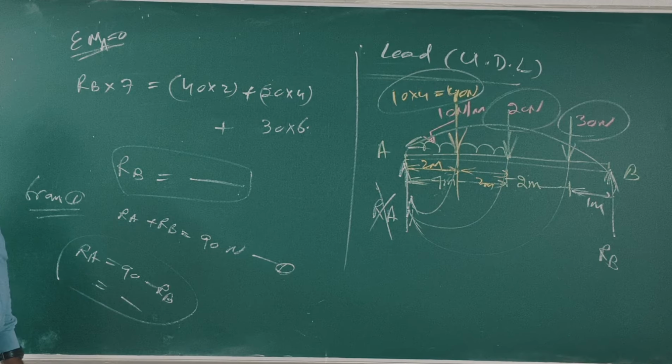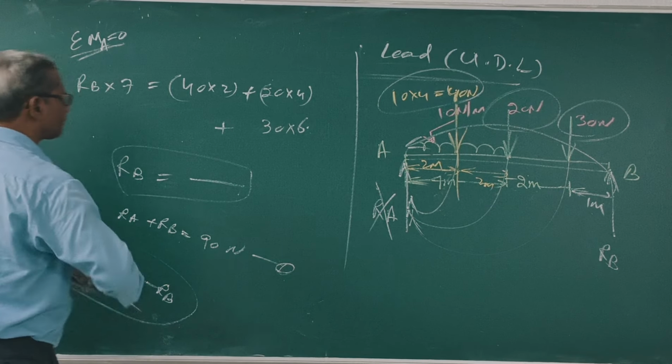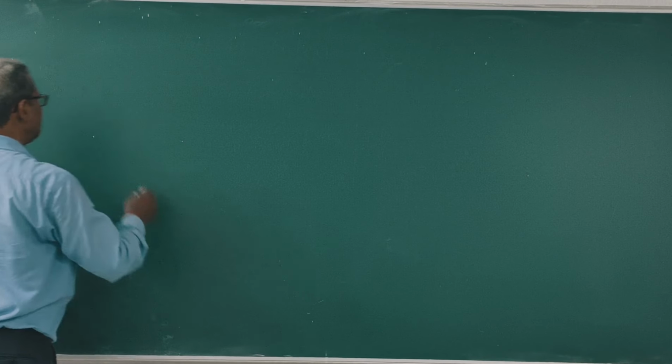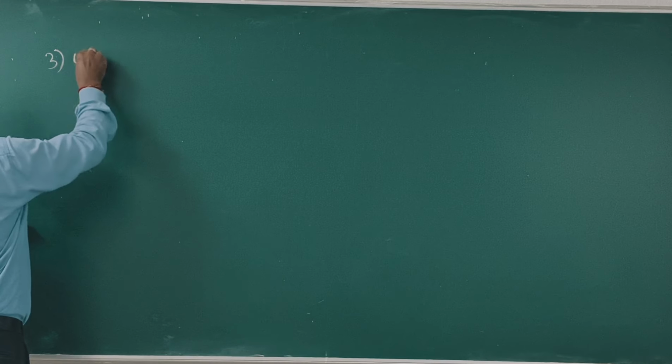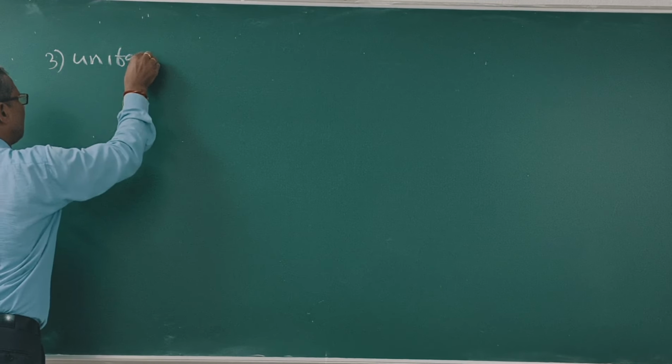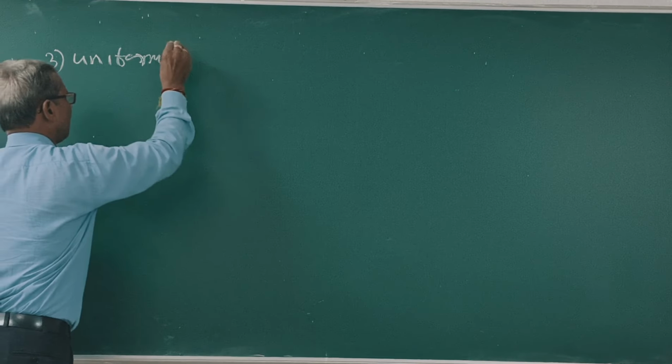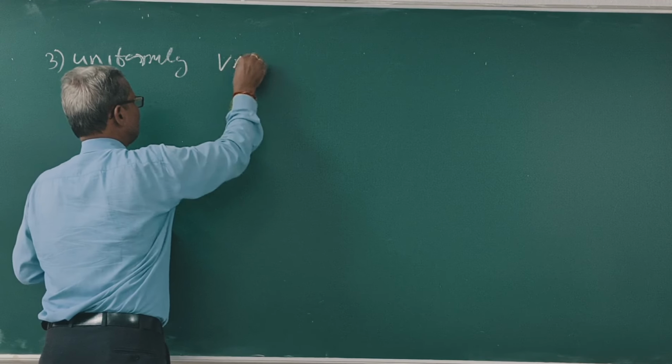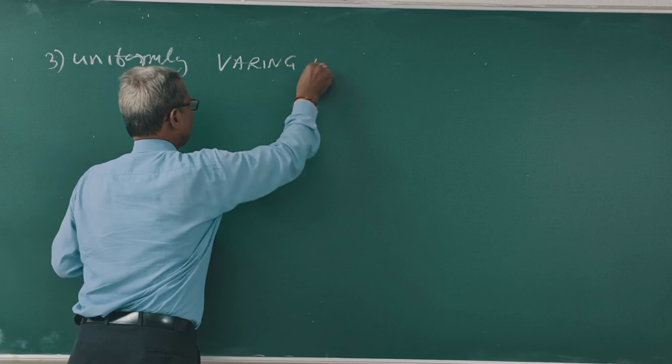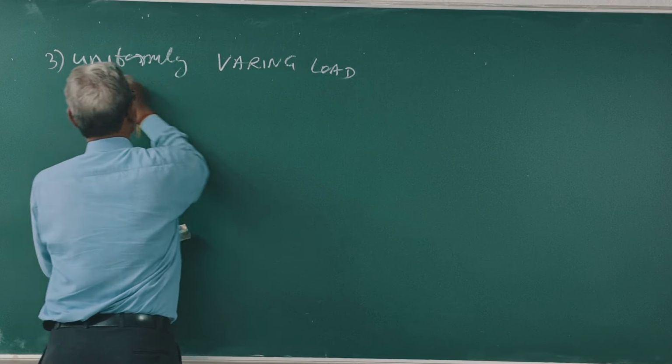Next, number 3. Uniformly varying load. Clear?